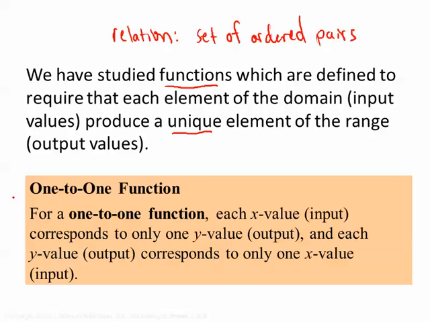So a one-to-one function, this is the new part, is one-to-one if it's first of all a function, which means that every x value goes to exactly one y value. But then at the same time, every y value comes from exactly one x value.